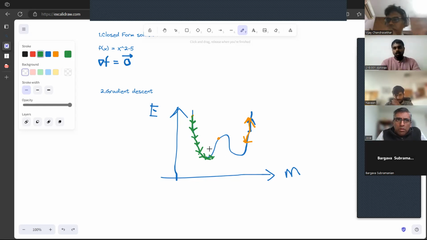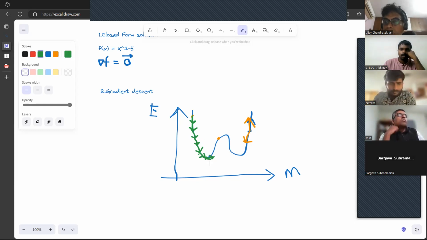When you draw your function and figure out the maxima and minima, you would find that at maxima and at minima, the slope would be 0, right? That's precisely what is happening here. So you keep going down, and at that point you'll find that the slope is 0 and you stop, because you don't want to move, because you have reached what is called a minima.